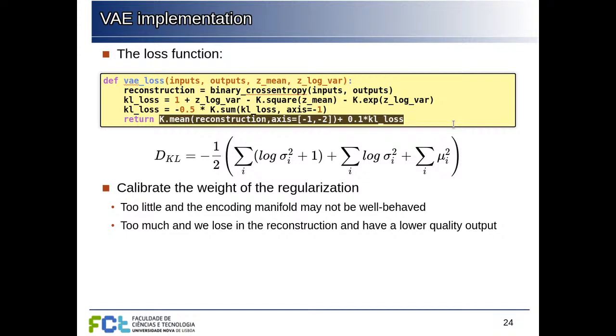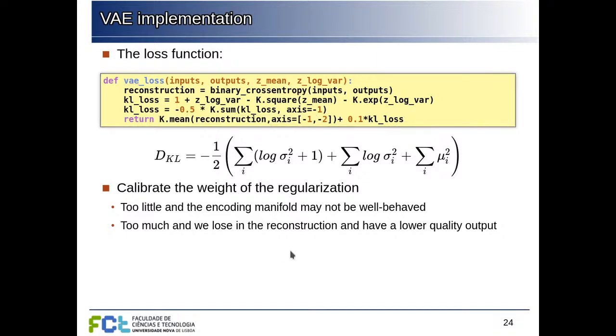And here this is something that you need to fine-tune for each example, because if you give too much weight to the regularization, then you can reduce the quality of the output, because you lose on the reconstruction. The autoencoder will start sacrificing the accuracy of the reconstruction of the images or of the examples in general in order to force those distributions to be closer to the 0-1 normal distribution.